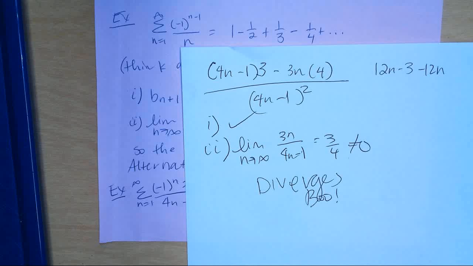So even though we figured out that it was decreasing, which is good, you may have to use the derivative to confirm that it's decreasing. We figured out it diverged in the end anyway.